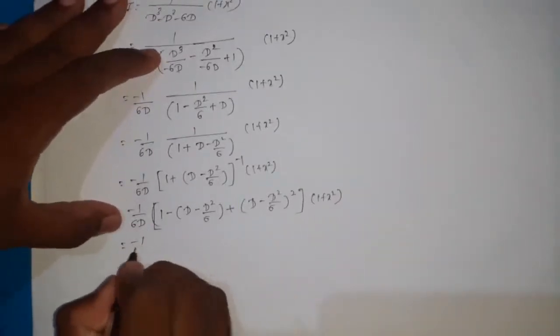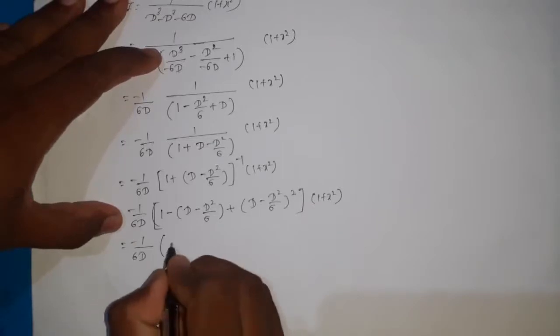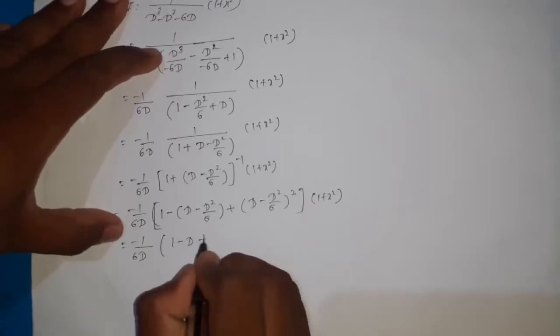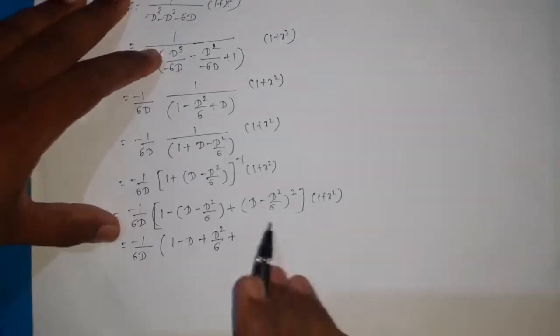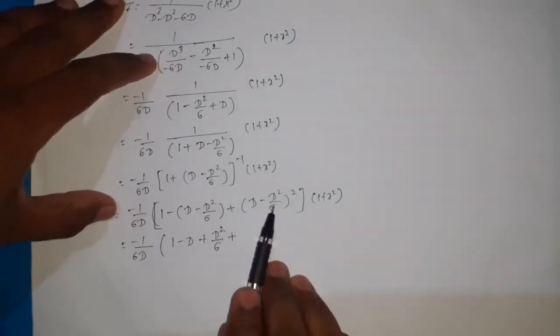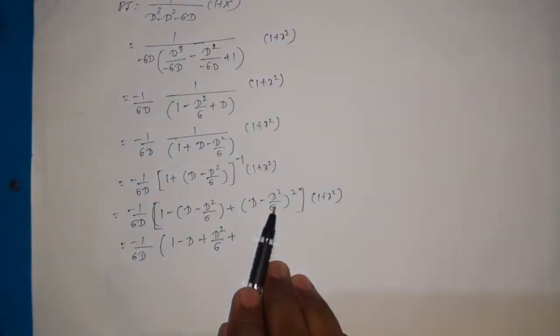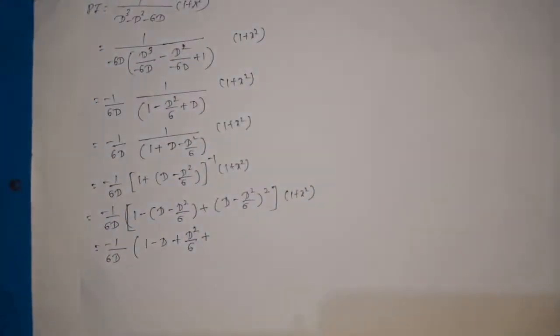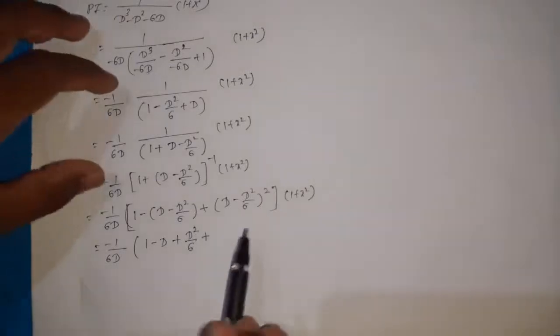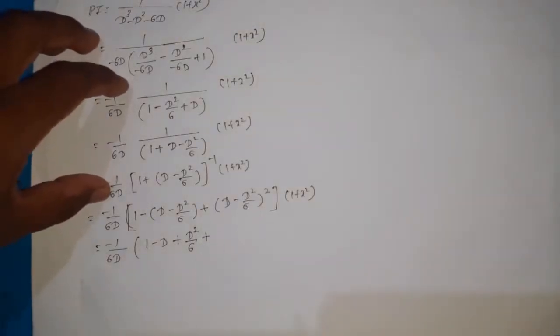Then simplify this one. Here 1 minus D plus D square by 6 plus. After expansion there will be 3 terms, but in those 3 terms there is only one D square term. That is a square plus b square plus 2ab.